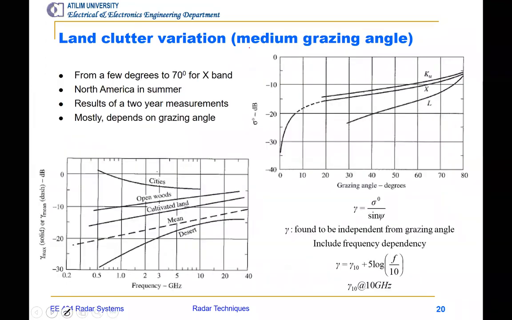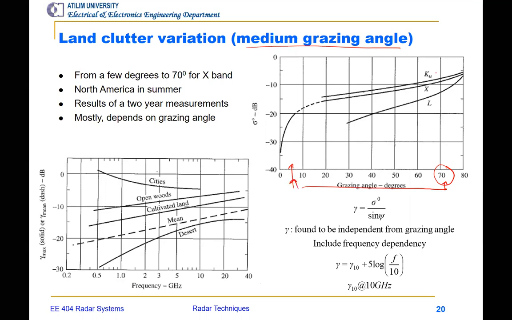Okay, how about medium grazing angle? For medium grazing angle, where we talk about several tens of degrees, up to 70 degrees, right here, for example, from let's say 5 degrees here, goes up to 70 degrees in these measurements.